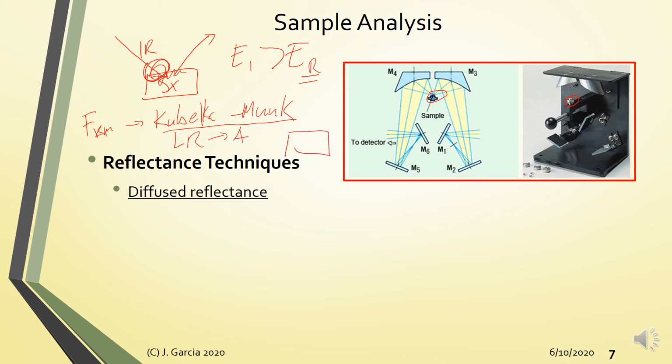So kung ito yung sample cup mo, kailangan pantay yung level ng powder doon sa rim ng sample cup, so your infrared radiation will bounce off doon sa sample mo. Okay, so you have these collimating mirrors here that will focus the incoming IR radiation and the reflected IR radiation towards the detector.